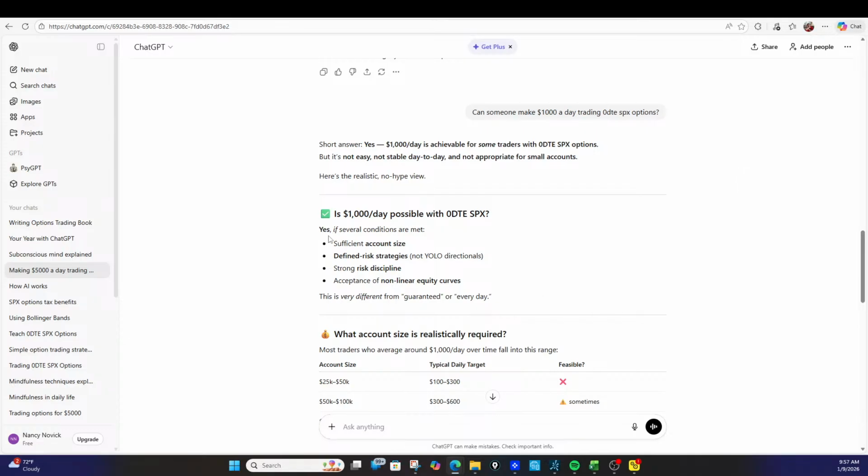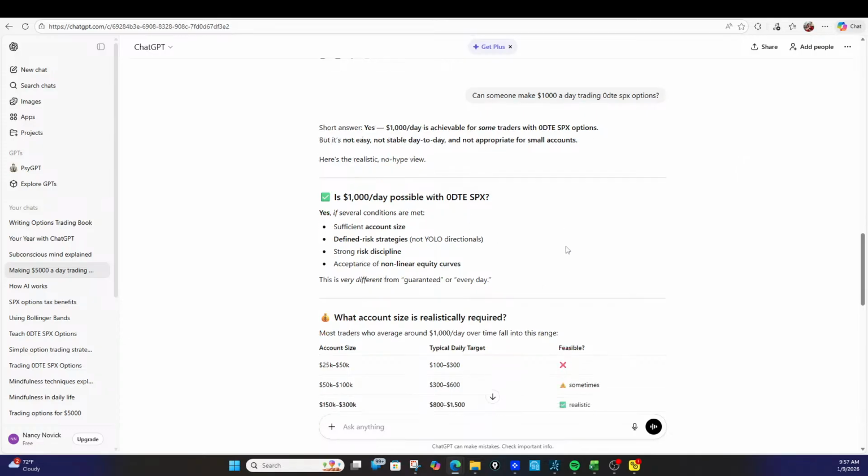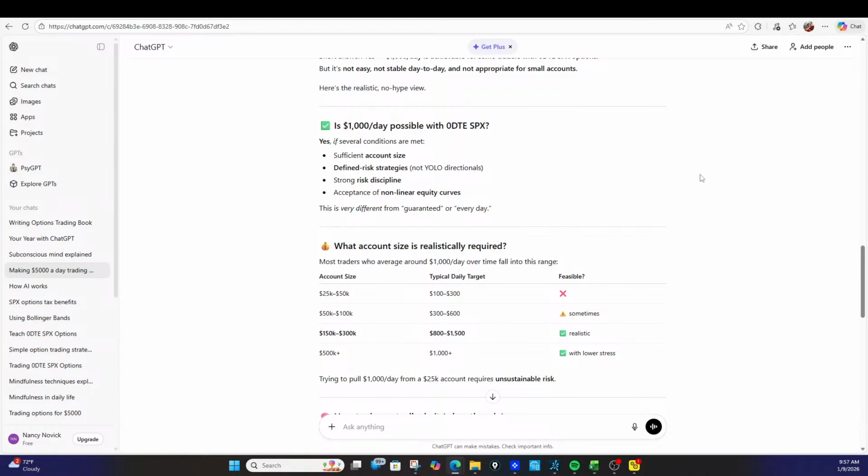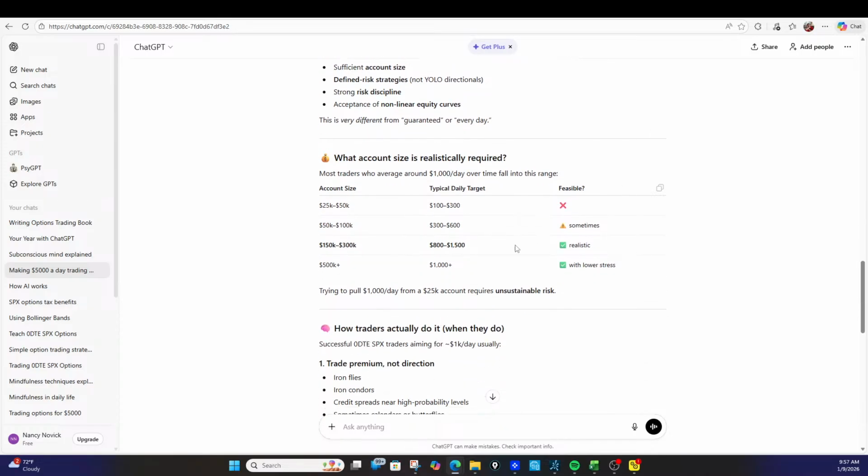And it says, yes, you can do it if you have a sufficient account size and defined risk strategies and so forth. So it's showing what account size is realistically required. To make 800 to 1,500, it's saying to have 150K to 300K.